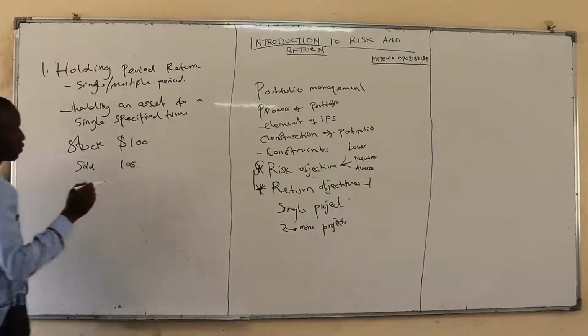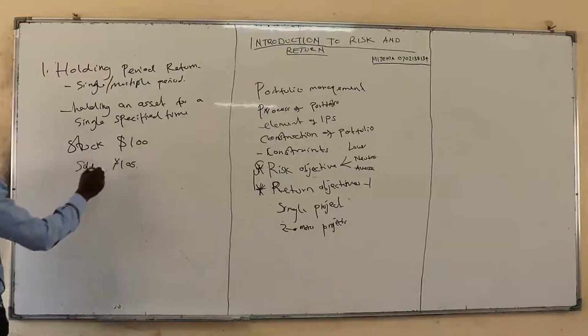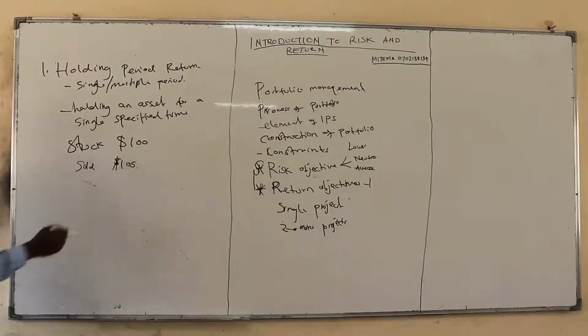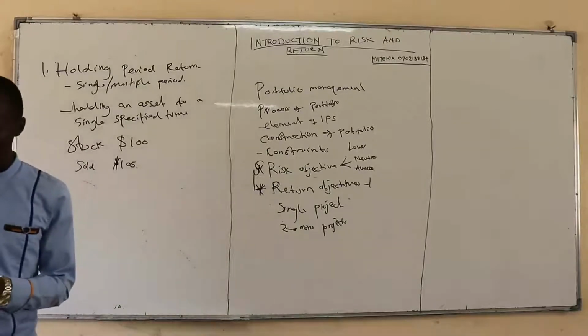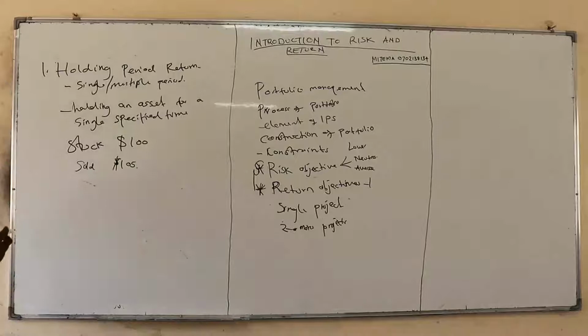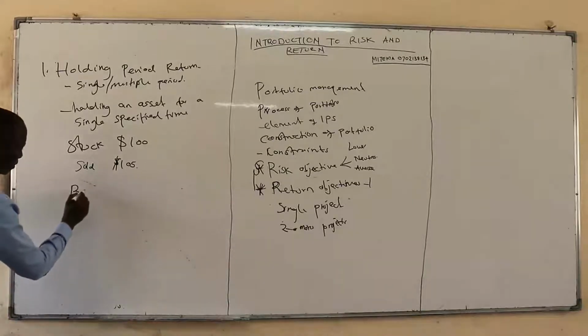So we are asked to calculate the holding period return. We calculate it by using this formula. The return is equal to (P1 minus P0 plus dividends) over P0.